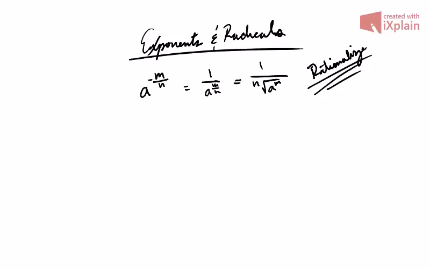But basically, if I have a to the negative 6 over 2, we could reduce this down and say, hey, this is a to the negative 3, if you wanted to.